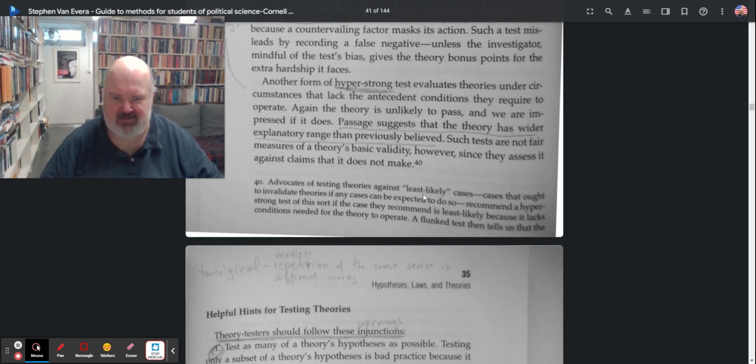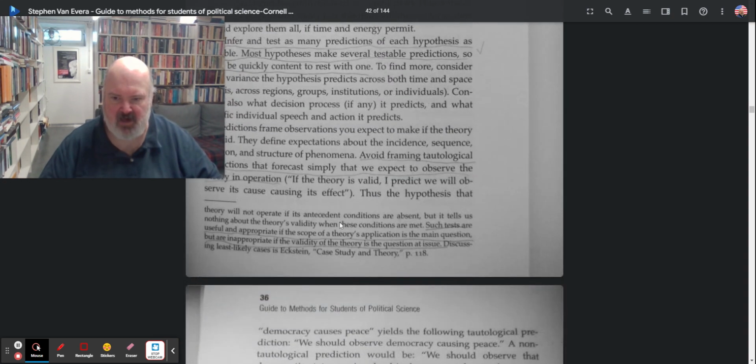Advocates of testing theories against least likely cases that ought to invalidate theories, if any case can be expected to do so, recommend a hyper-strong test of this sort if the case they recommend is least likely because it lacks conditions needed for the test to operate. A flunked test then tells us that the theory will not operate if the antecedent conditions are absent.